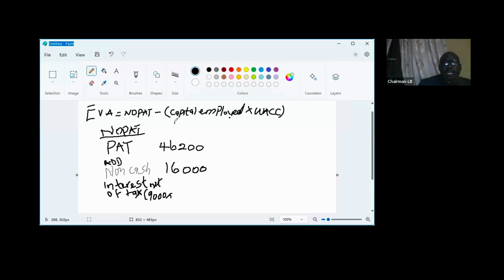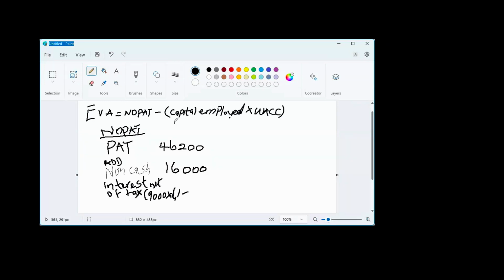multiplied by, open another bracket, 1 minus the tax rate. What is the tax rate, please? 30%.